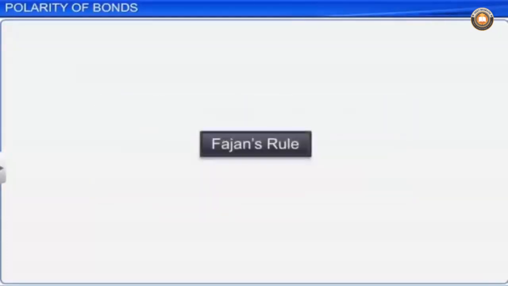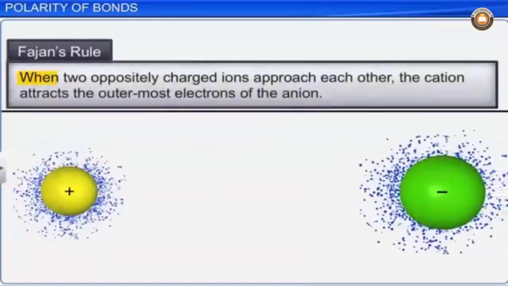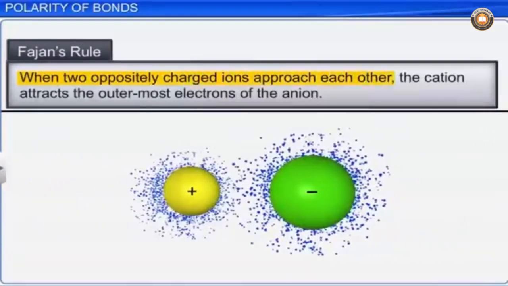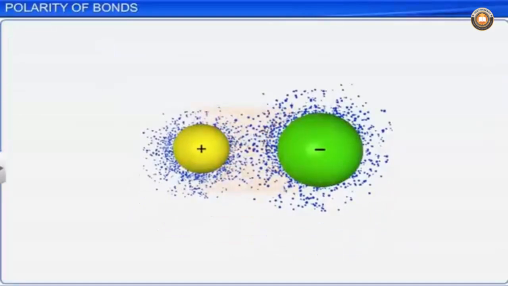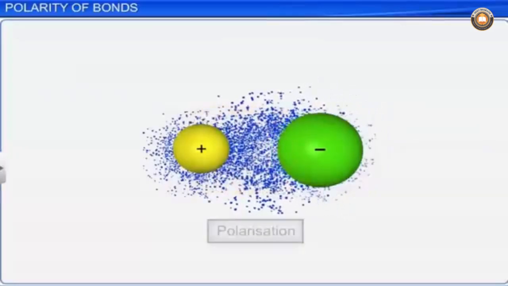According to Fajans' rule, when two oppositely charged ions approach each other, the cation attracts the outermost electrons of the anion. Due to this, the electron cloud of the anion gets distorted. This is called polarization.